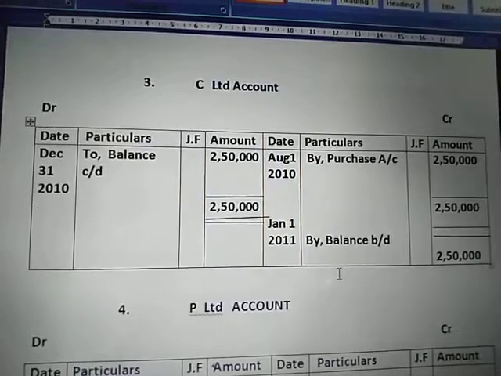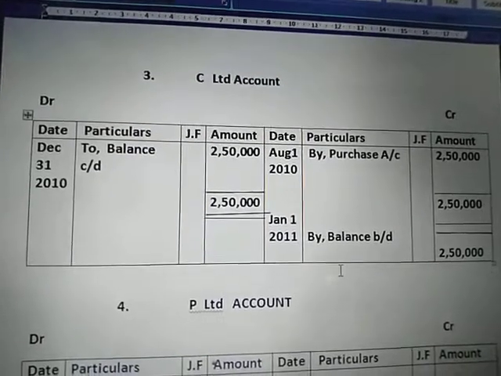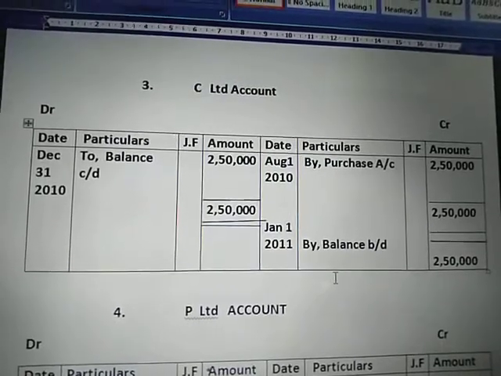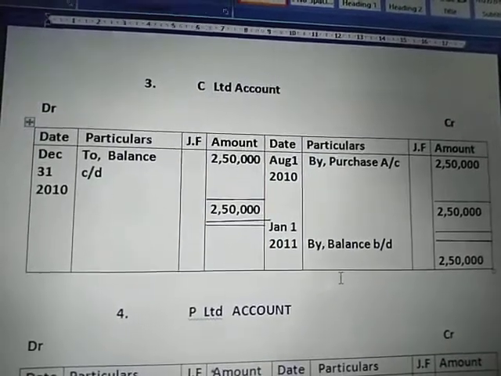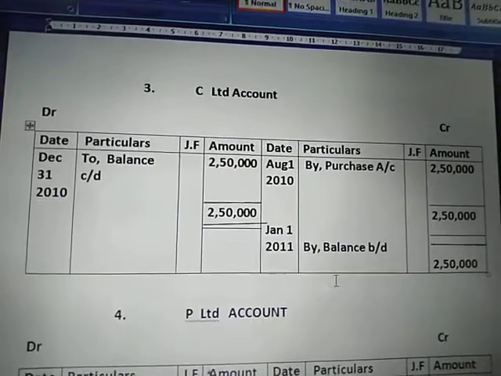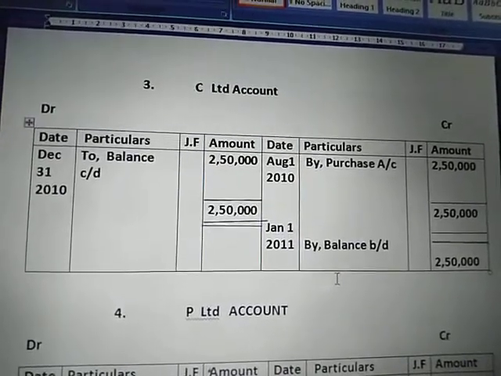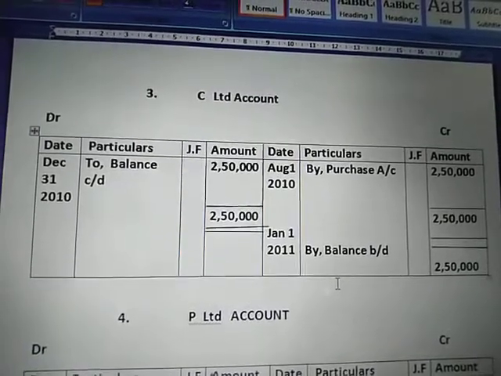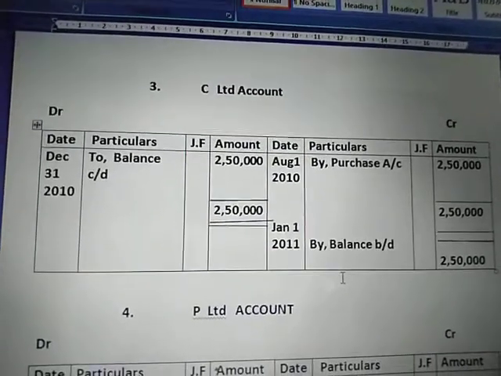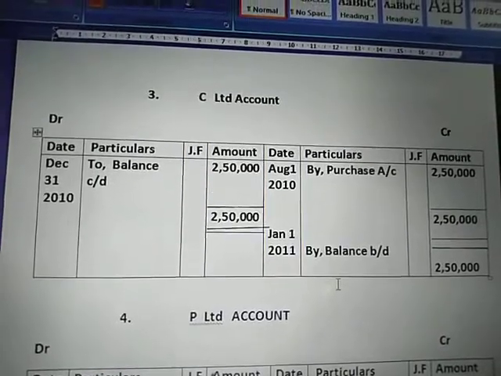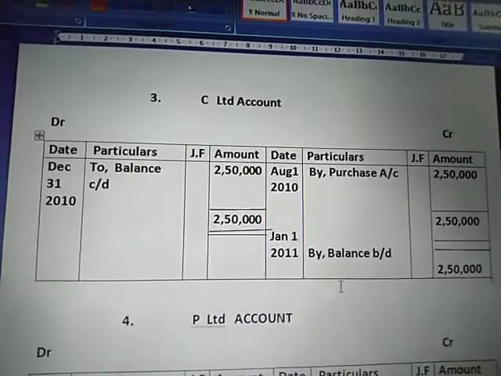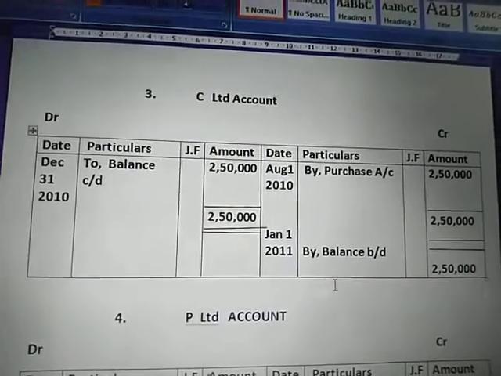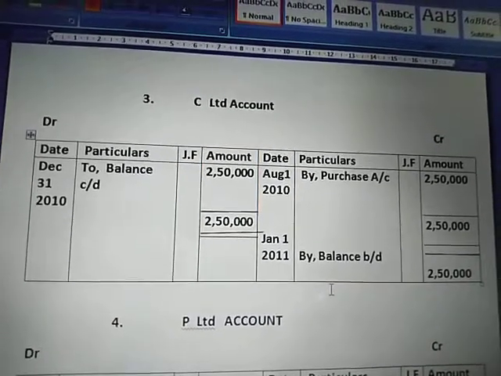So on 1st August 2010 we will write 'By purchase account', because purchase account was the other account involved in our journal entry. It will be recorded on the credit side of the C Limited account, our creditors. Our creditors already contain a credit balance, and since we have to pay them, the amount increases, so we record it on the credit side.